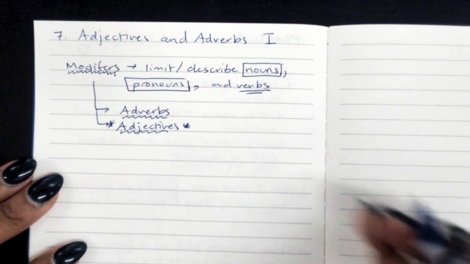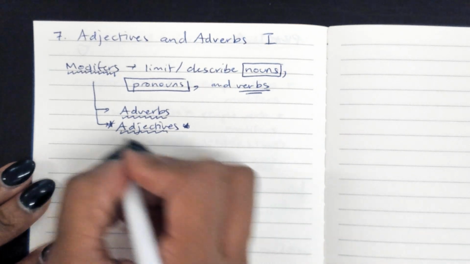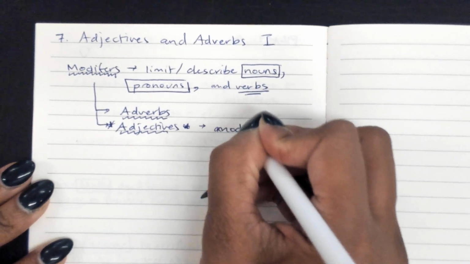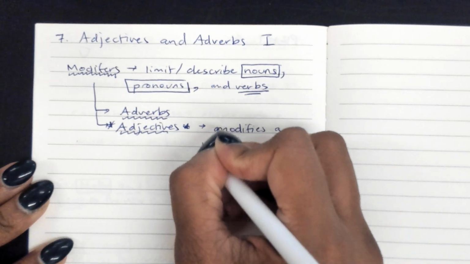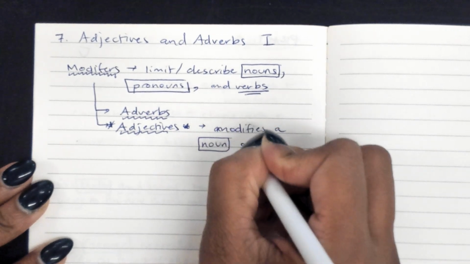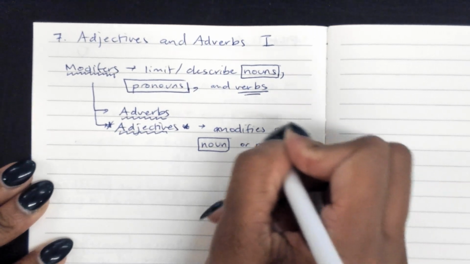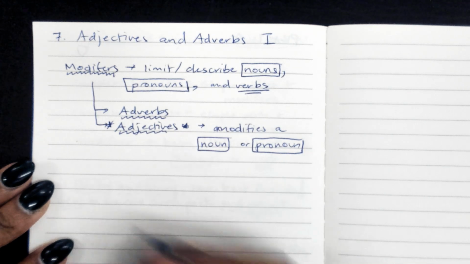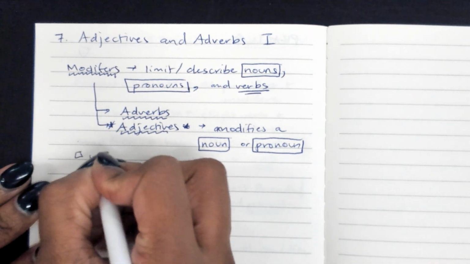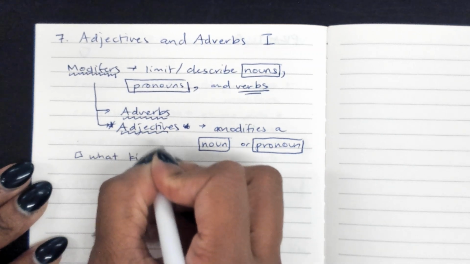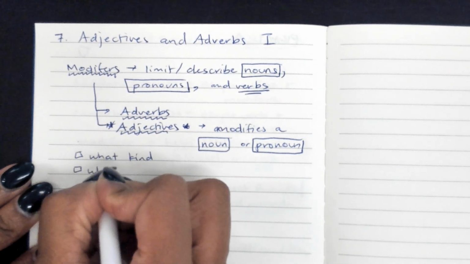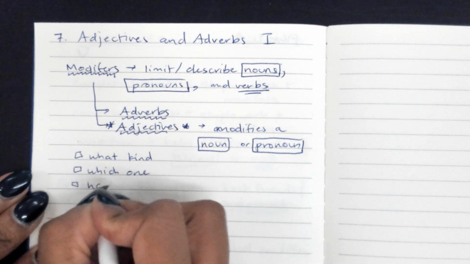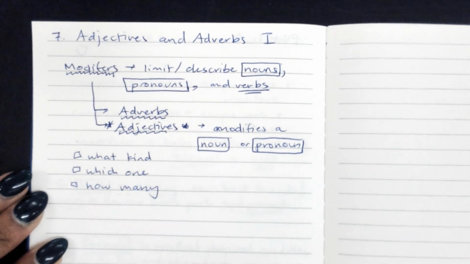An adjective is a word that modifies a noun or pronoun. An adjective can tell you what kind, which one, how many, or how much.